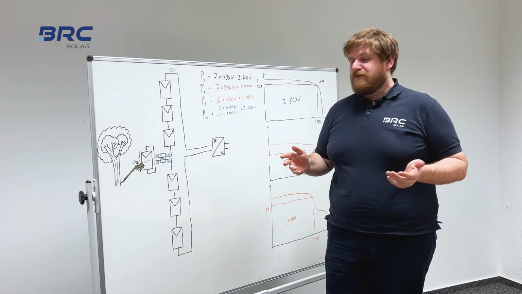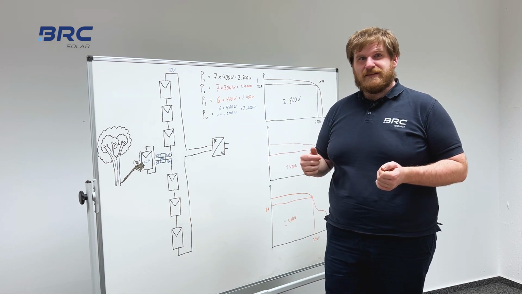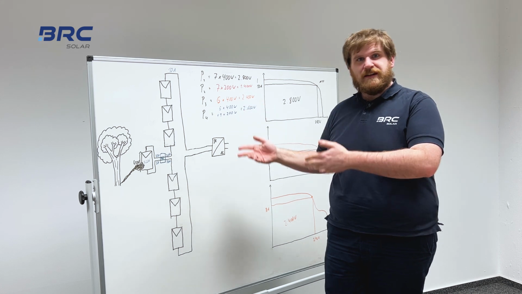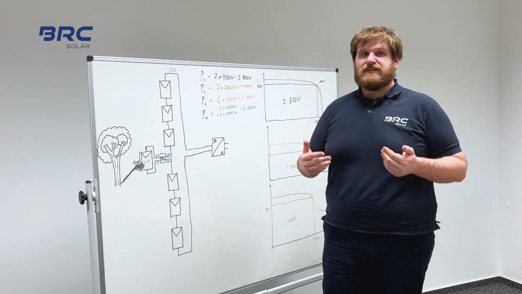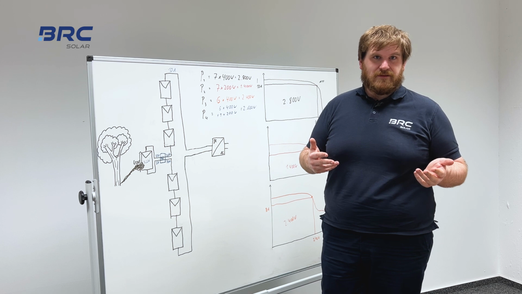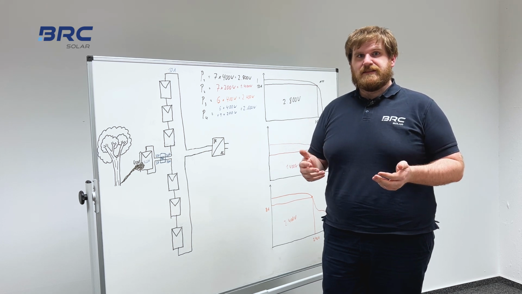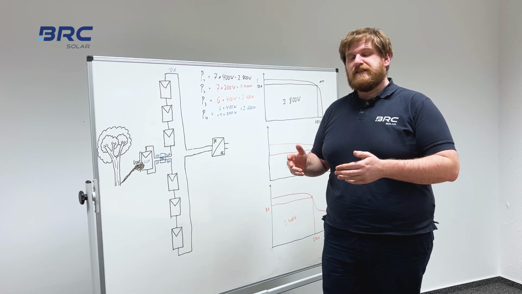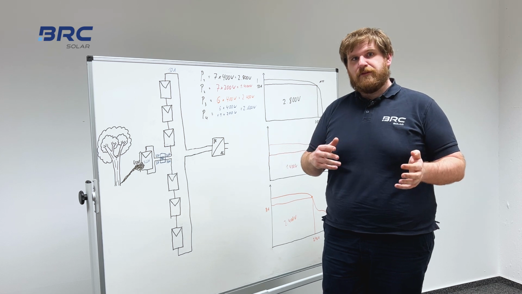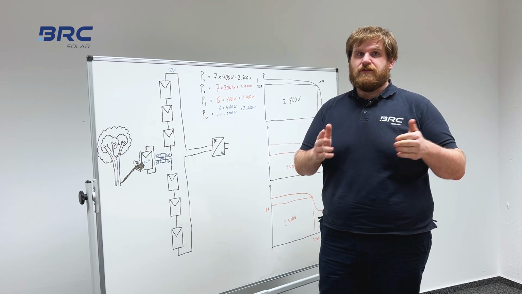Now I've shown you the use of BRC optimizers if you have a system with a shading problem. But it's not just useful for shading situations. In general, you can say you can use optimizers if you have a string with different irradiation of some of your modules.